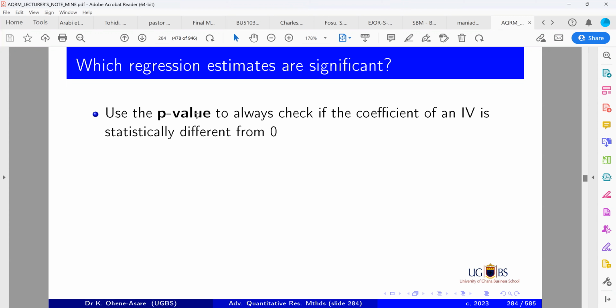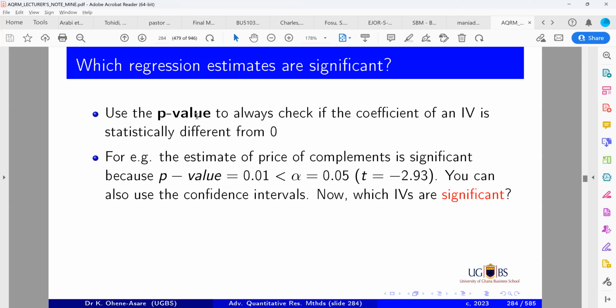So the p-value is the actual error. The alpha is the expected error. So you have to use the p-value to check if the coefficient of an independent variable is significant or not. If the p-value is less than 5%, it means that the coefficient is statistically significant.